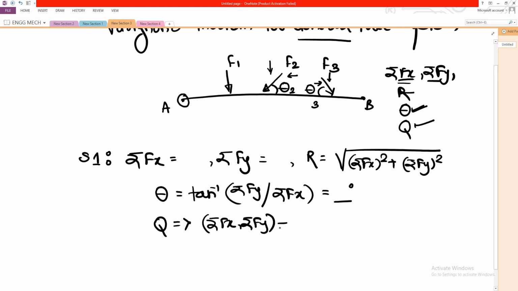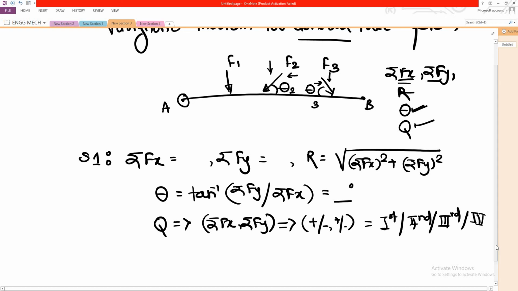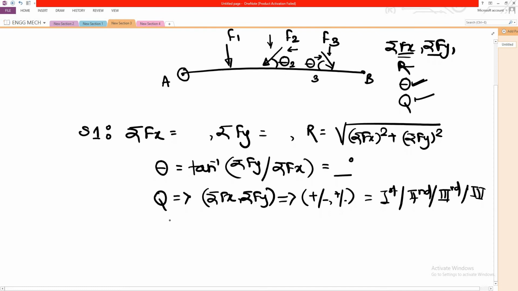The signs may be plus, minus, minus, plus, whatever, they will indicate some quadrantal position, thereby we can determine whether the quadrant is first or second or third or fourth. Up to step number 1 the problem is determination of resultant only, along with its associated properties, that is inclination and quadrantal position.